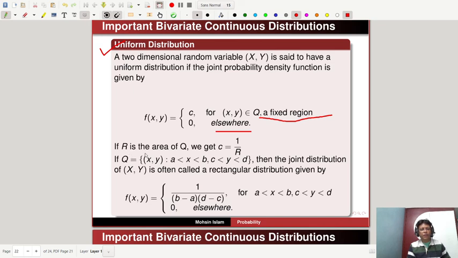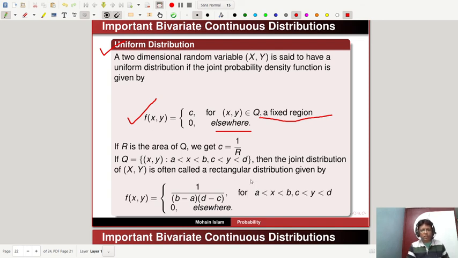If R is the area of Q, then c will be 1 by R. So your f(x,y) is 1 by R for all (x,y) belonging to that region, and Q is this rectangular region.